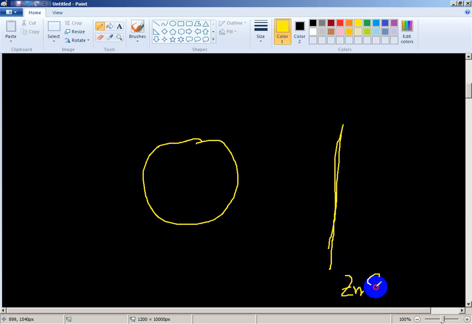And here the alpha particle is a helium 2 plus. Are you watching my screen? These are the alpha particles. Have you seen whether an alpha particle is positive or negative?